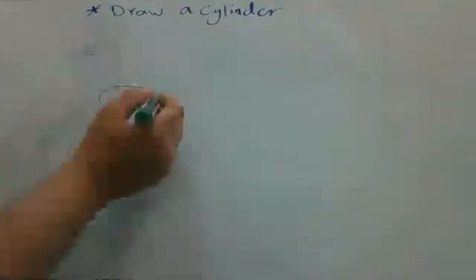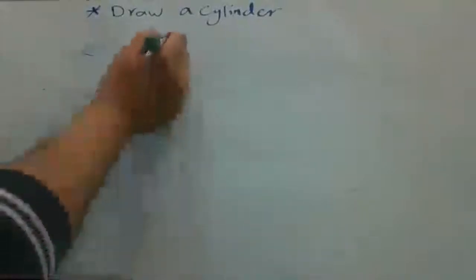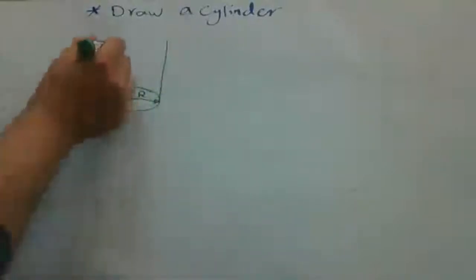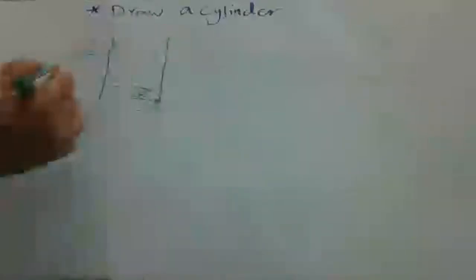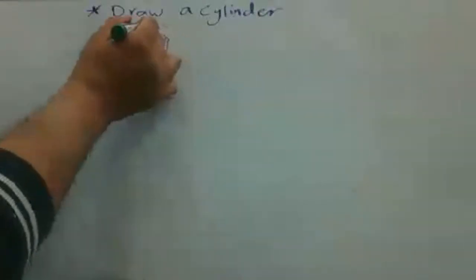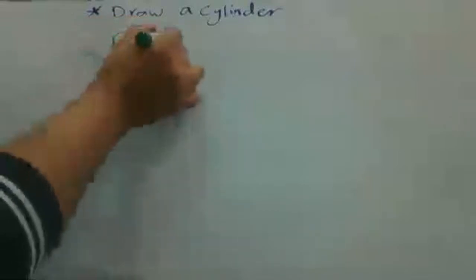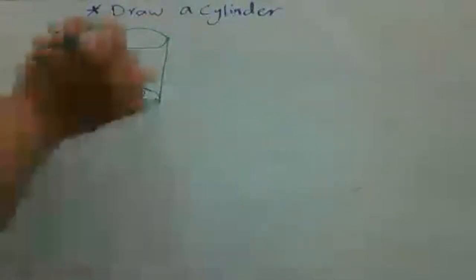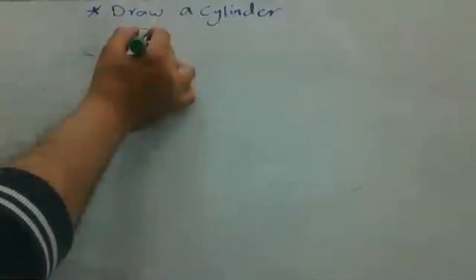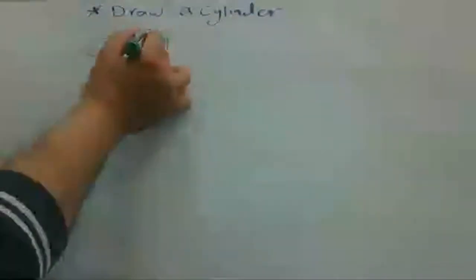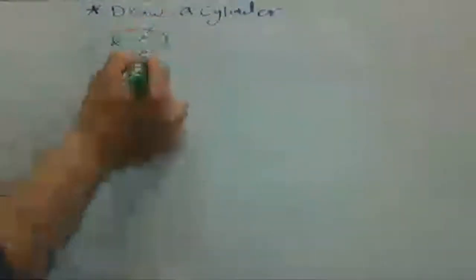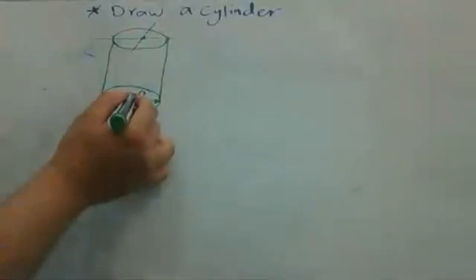Then we draw the height, and draw the upper surface of the cylinder, or the cover, as the pictorial of the circle, as we see here.